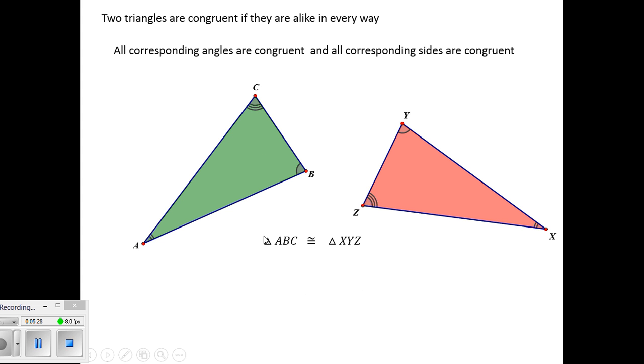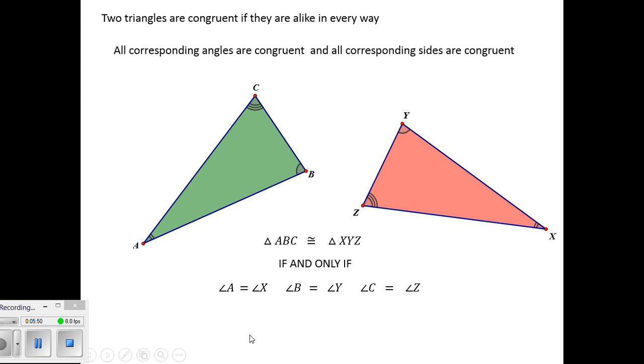This is where you have to watch the order. If I say A, B, C, I have to find what's matching up with A. It's X. So it's X, Y, Z. You just don't randomly put them down. Those are congruent if they're alike in every way. That is, A and X are matched up as congruent angles.